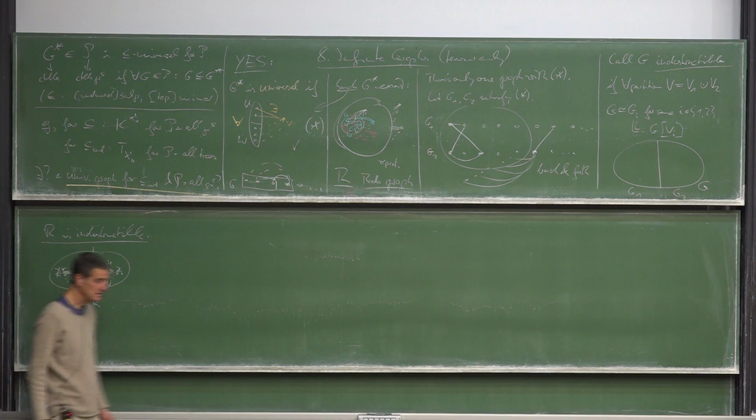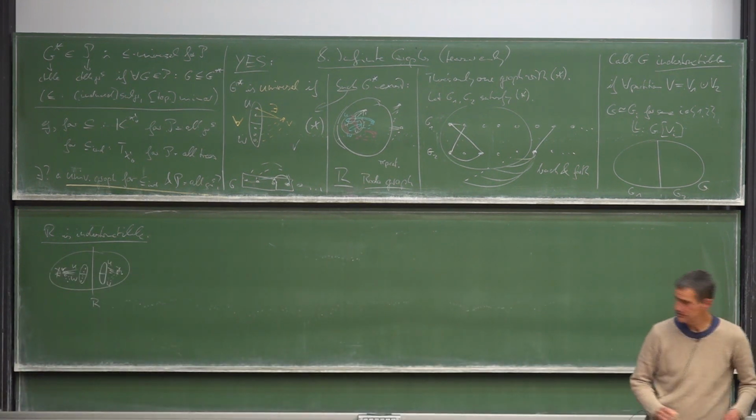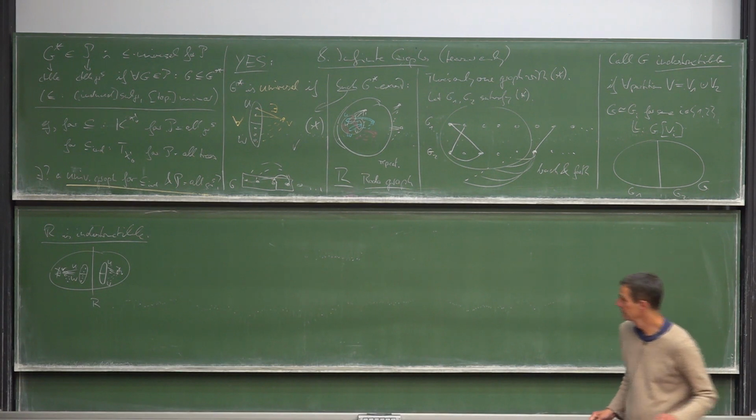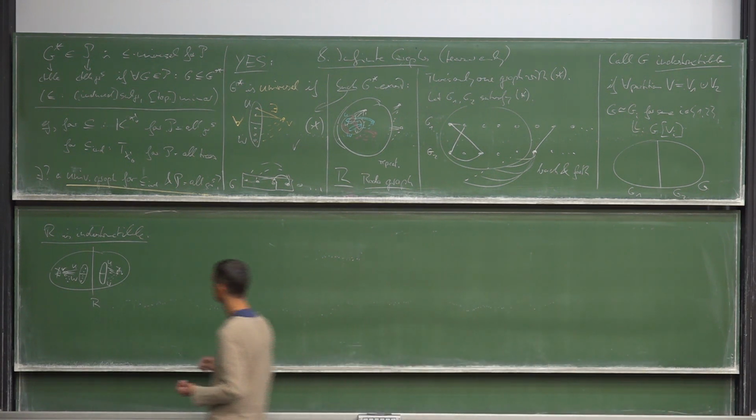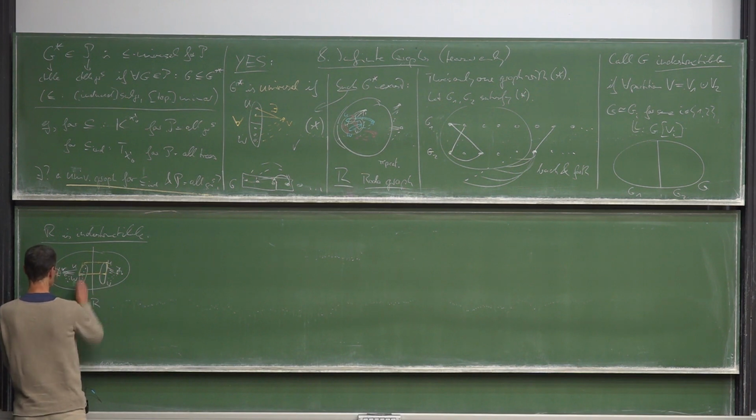But then just consider the union of the two U's. So this was U1, this was U2, call their union U, and similarly for the W's.